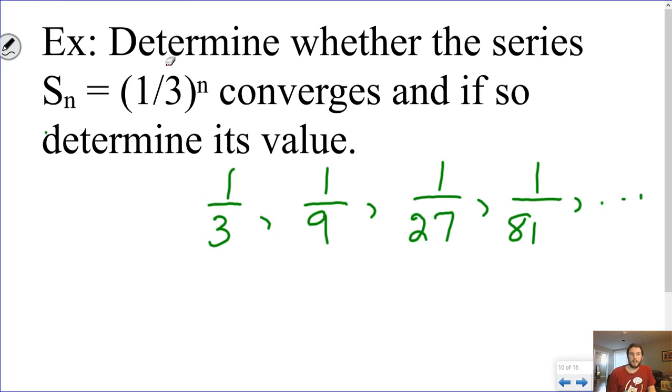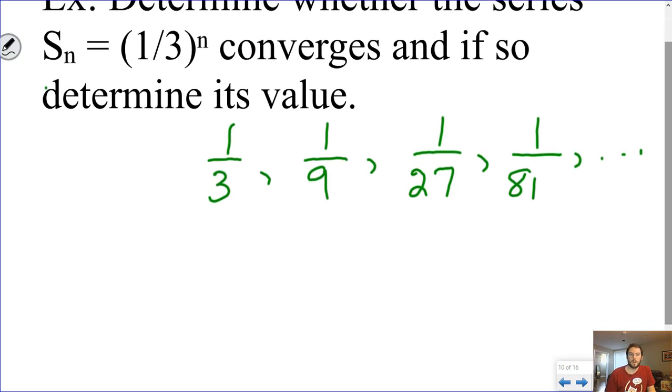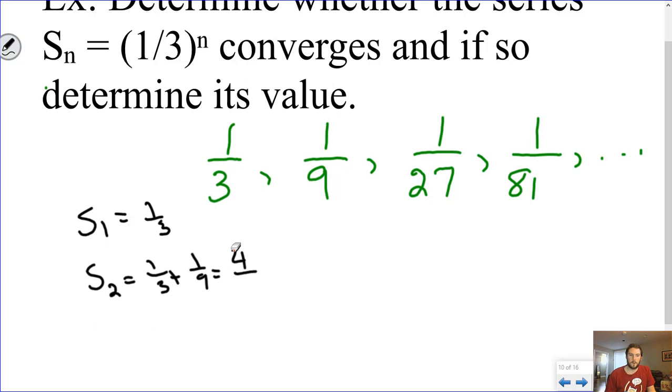Okay, so here's another one. Here's a geometric series. So let's see if this thing converges or diverges. Again, let's take a look at the partial sum here. My sum 1 is equal to 1/3, and my sum of the first two terms is equal to 1/3 plus 1/9, which is 4/9, and my sum of the first three terms is equal to 1/3 plus 1/9 plus 1/27, which is equal to 13/27.